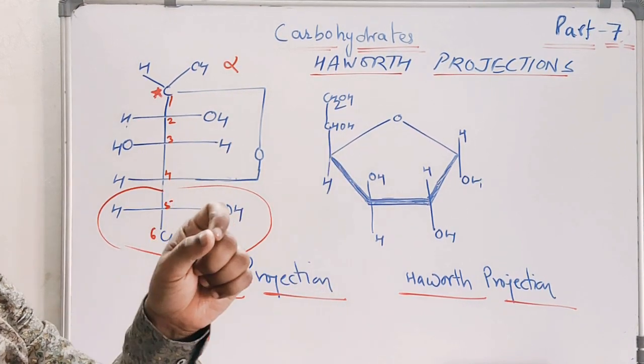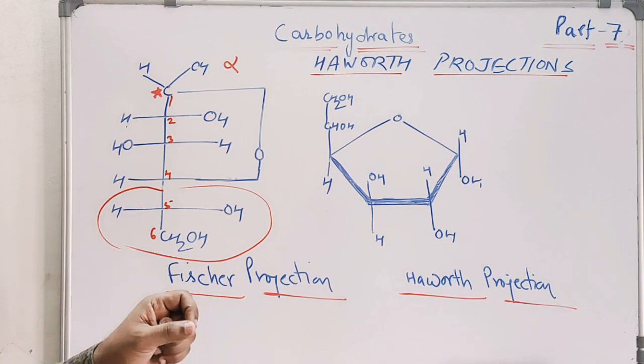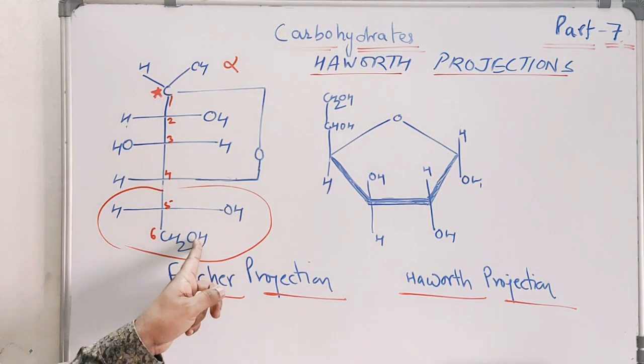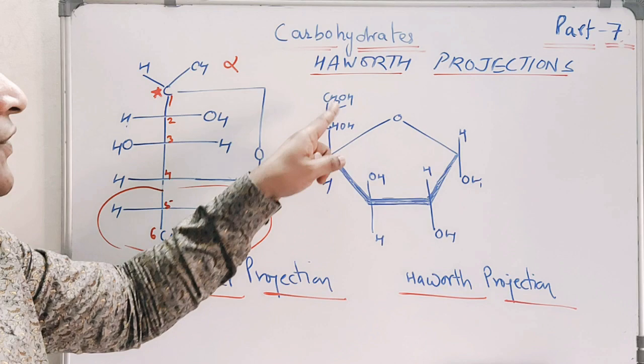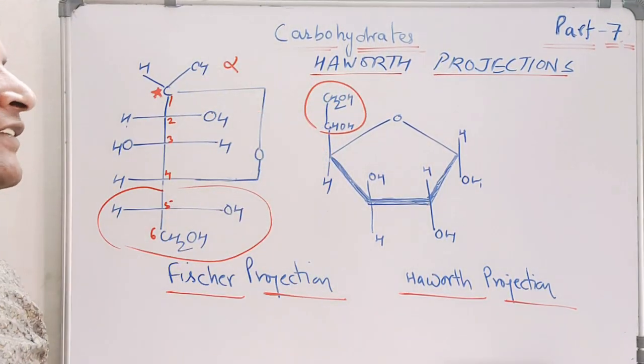So you should note one important point: we should always write this part on the upper side in case of Haworth projection. I am repeating this again.